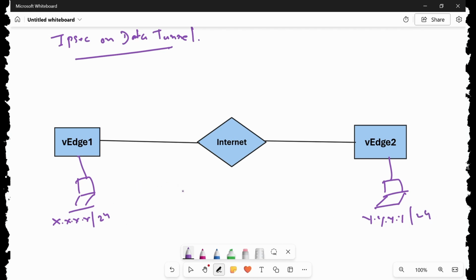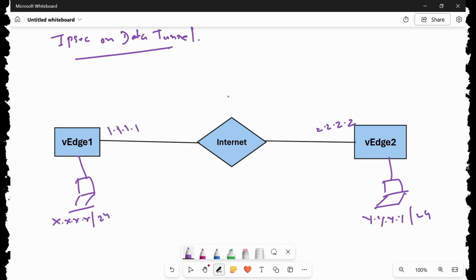On this one you can see there's an IP address 1.1.1.1, and on this one 2.2.2.2. Both vEdge routers are connected to each other through an internet link.